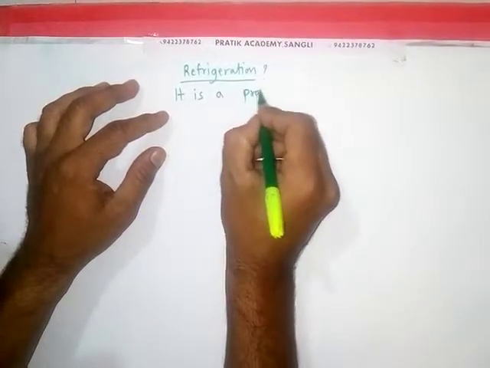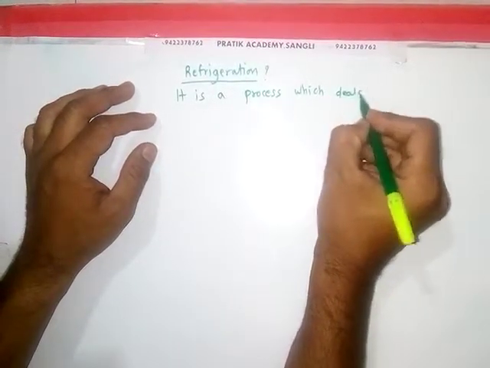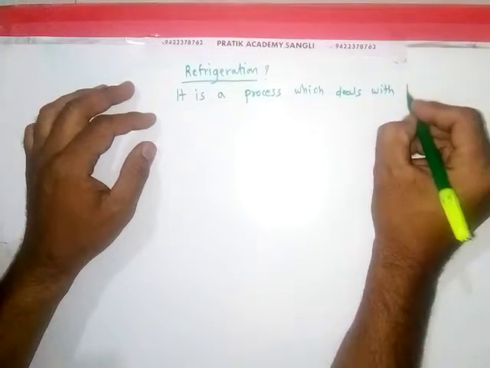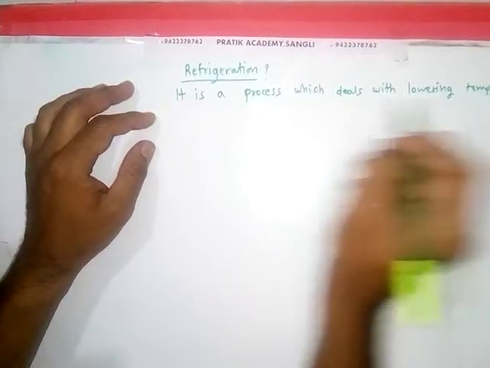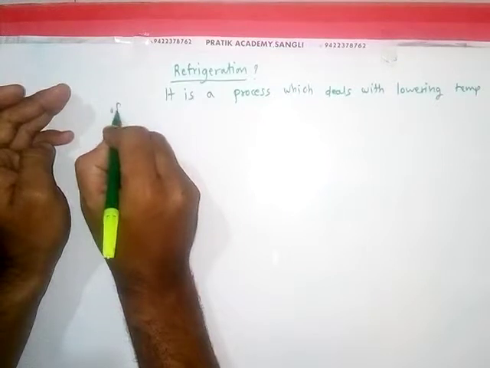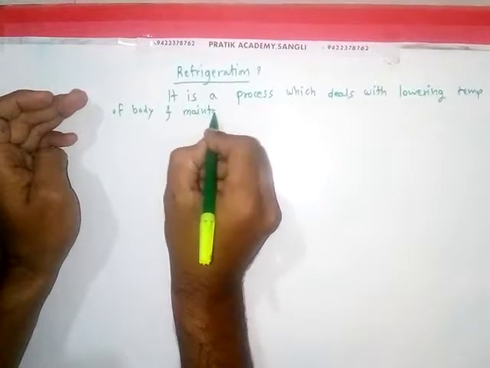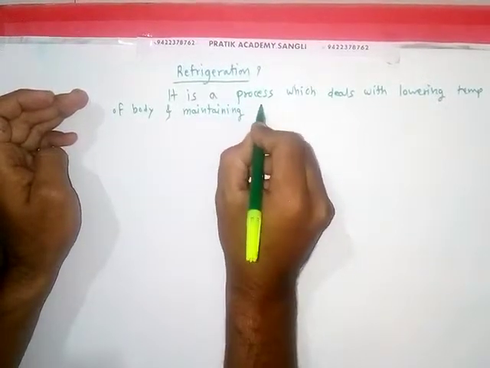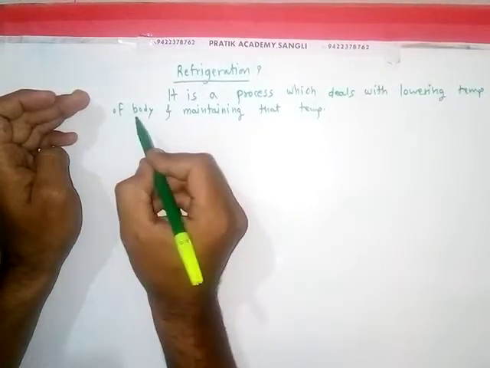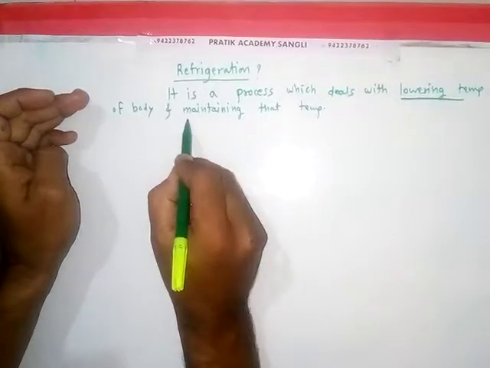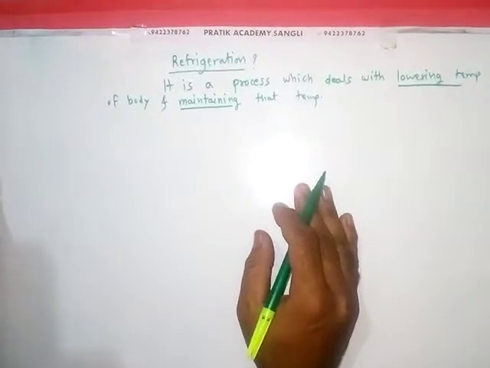It is a process which deals with lowering the temperature of a body or cabin and maintaining that temperature. Lowering is important, and maintaining the lower temperature is also important in the case of refrigeration.